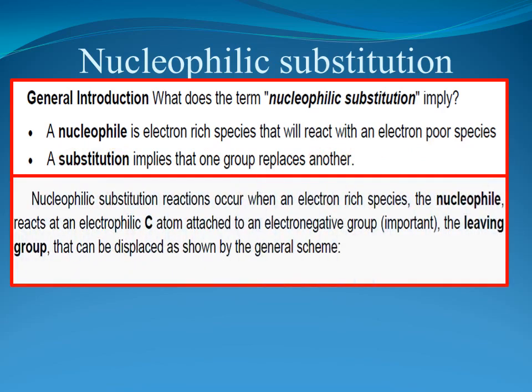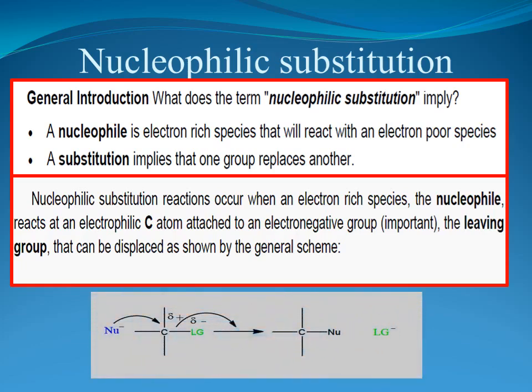Nucleophilic substitution reaction occurs when an electron-rich species, a nucleophile, reacts with an electrophilic carbon atom, and this carbon atom is attached to an electronegative group. Why is this important? Because when a carbon atom is attached to an electronegative group, it will attain a partial positive charge and will act as an electrophile. The leaving group can be displaced as shown in the general scheme.